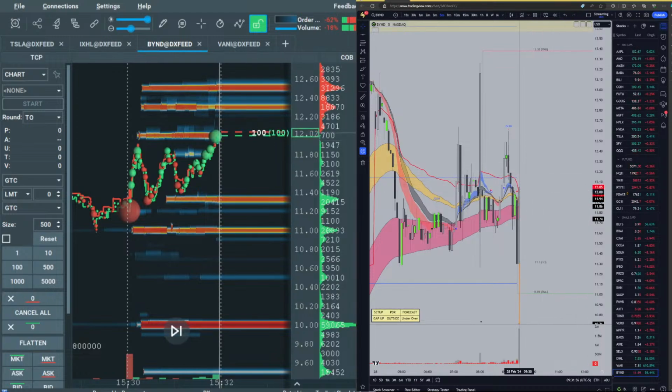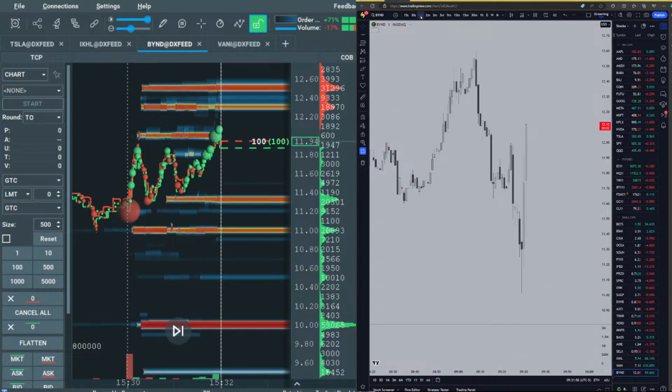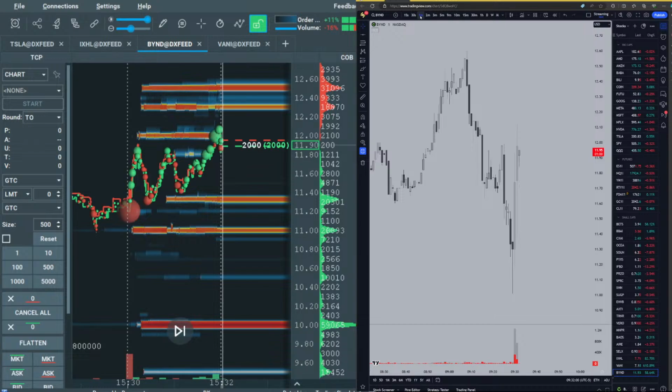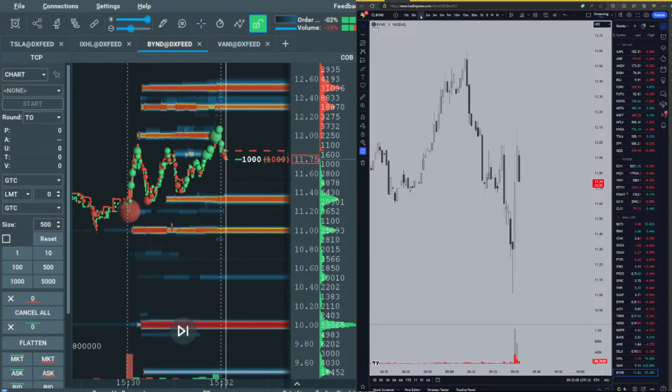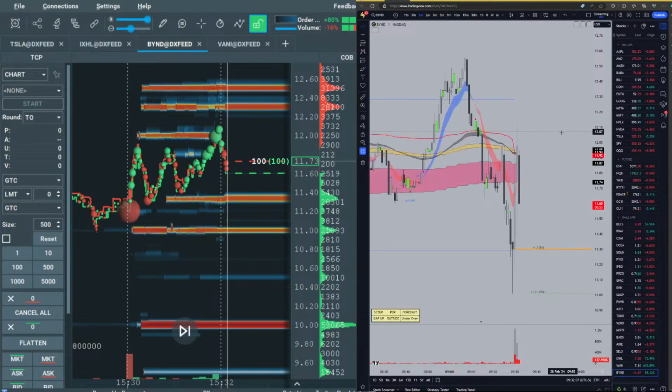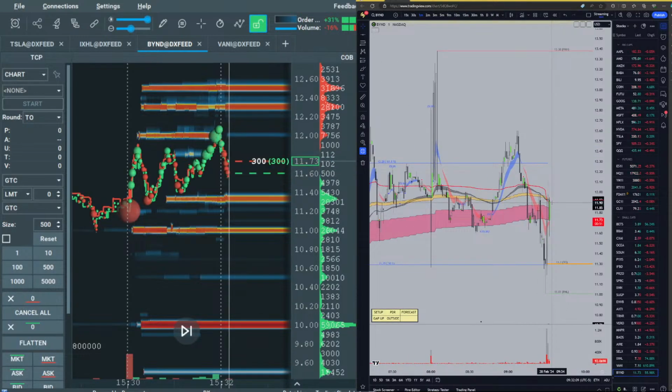Let's see if it closes over here above. Let's also look at VETs. No trade over here yet on BYND, so wait.